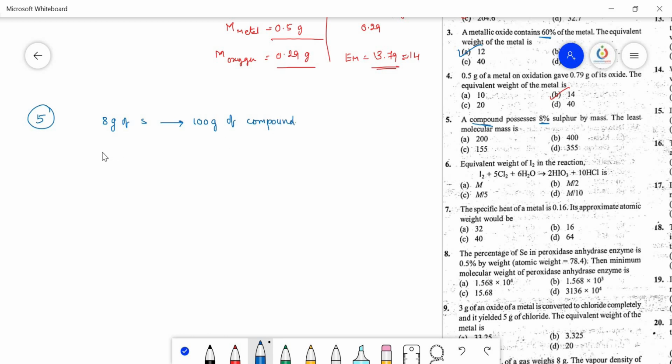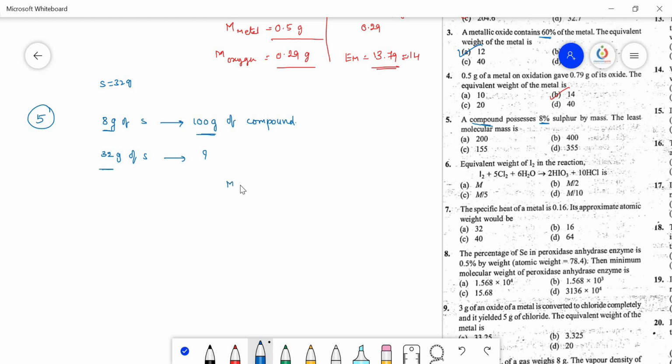At least, if you think one sulfur is present, because the sulfur atomic mass is 32 grams, then it must be equal to 32 grams. So if 32 grams of sulfur is present, what must be the molecular mass of the compound? 8 grams of sulfur is present in 100 grams of the compound, then 32 grams of sulfur may be present in how many grams of the compound?